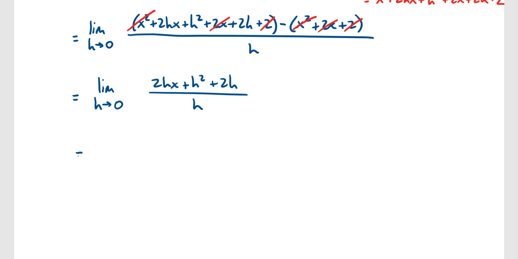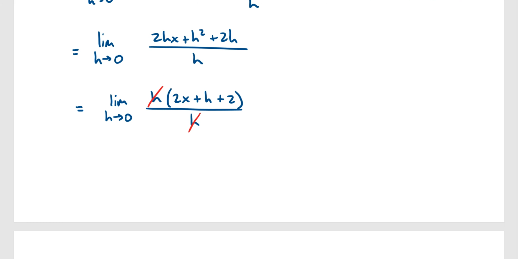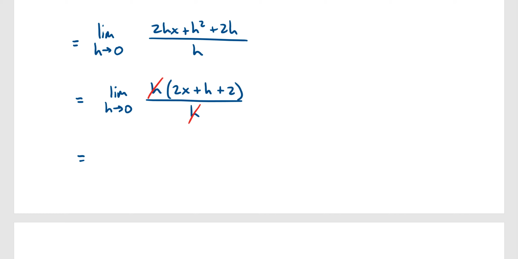So what that means is we can actually factor out an h in the numerator. We'd be left with 2x plus h plus 2, all divided by h. And now is the time when you realize you did everything correct. You can cancel off those h's, and we get the limit as h approaches 0 of 2x plus h plus 2.